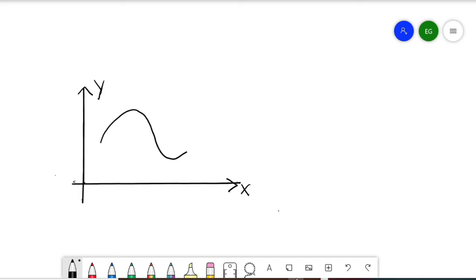And then the third video will be about the length of a function between two bounds.